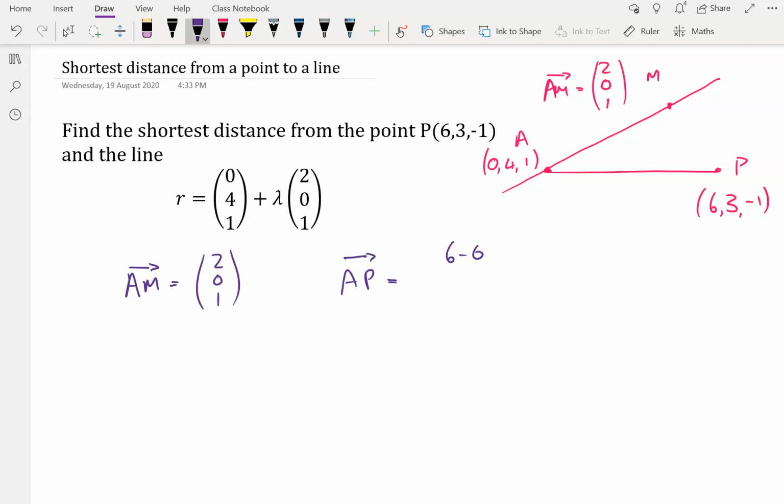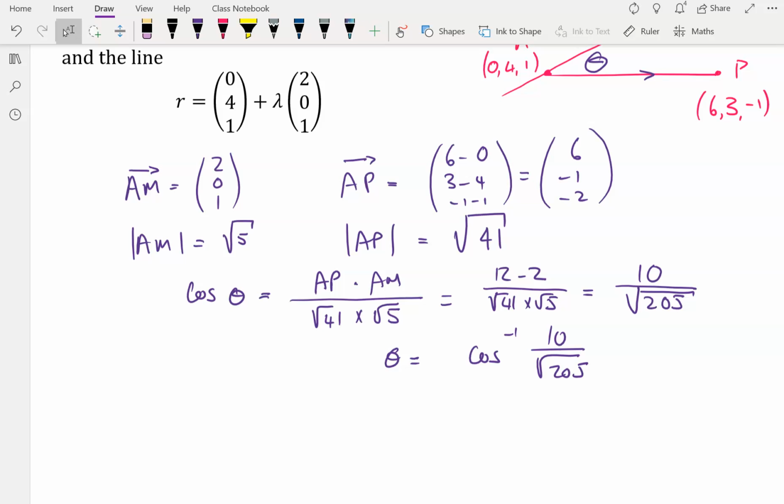And when I punch all of that into the calculator, shift cos and 10 over square root of 205, and that comes up with the angle of theta being 45.7 degrees, approximately, to 1 dp.